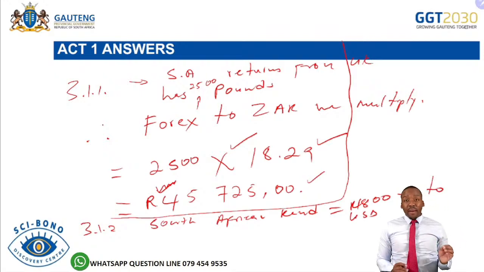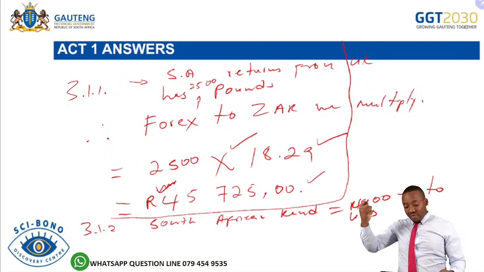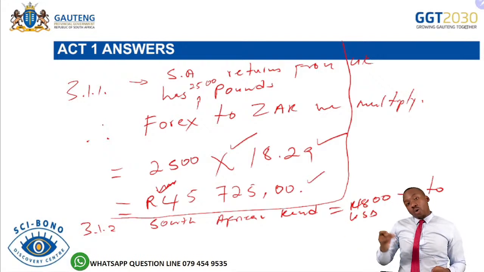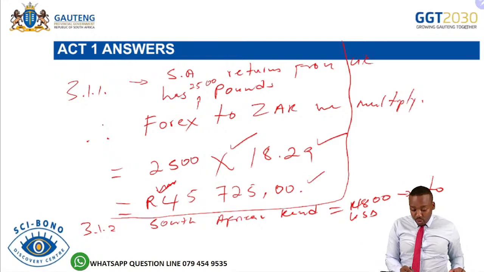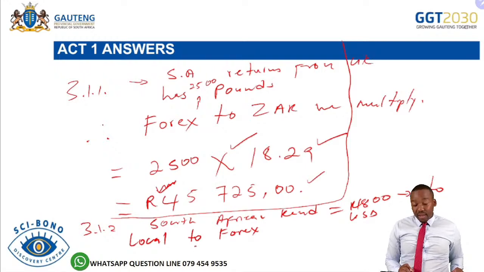Now you need to remember here again, we have a local currency, and you are converting it to a foreign currency. So you've got local to forex. The tip is, what do you do there? You divide.